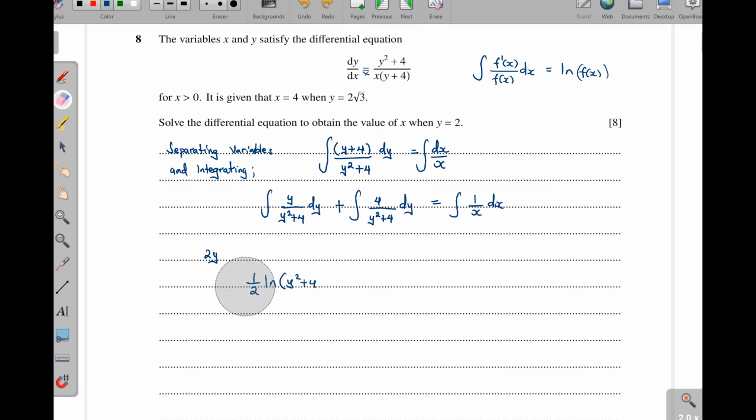Maybe I can do this for you like this. When you differentiate this y squared plus 4 with respect to y, you're going to get 2y. Okay? 2y. But then I need to multiply it by half.